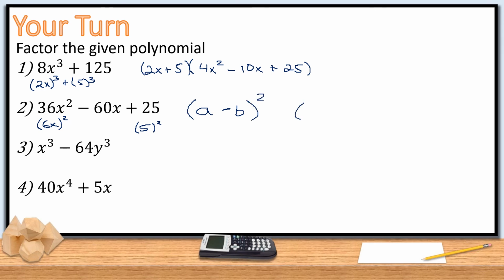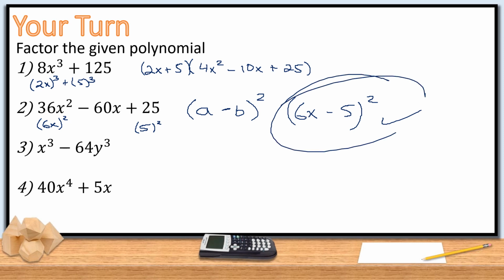So that would be (6x minus 5) squared. So if you distribute that, 6x times 6x, 36x squared, negative 5 times negative 5 is positive 25, and then 6x times negative 5 is negative 30, and you would do that twice, you get the minus 60. Done. So this is your factored form.